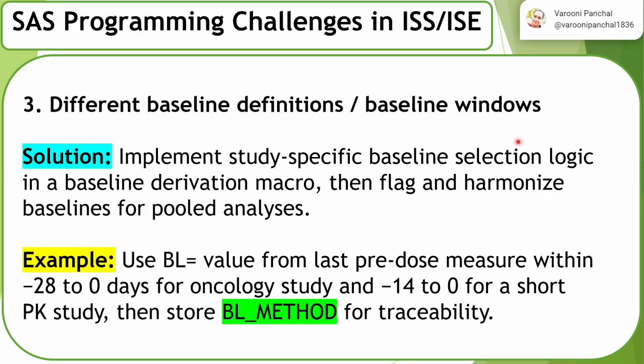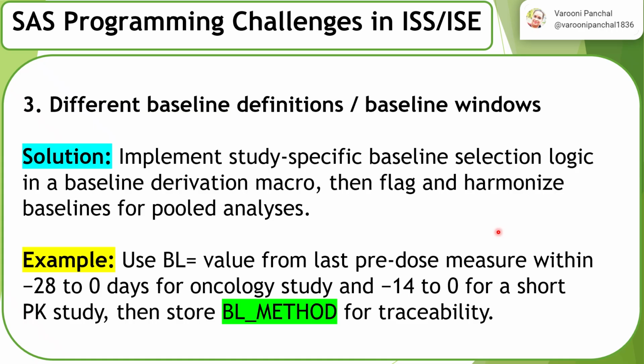So how do you handle such a challenge? The solution here is to implement study-specific baseline selection logic and a baseline derivation macro, and then flag and harmonize baselines for pooled analysis. Say, for example, I have these 12 individual studies. I will first find out what the baseline definition was in each and every study.